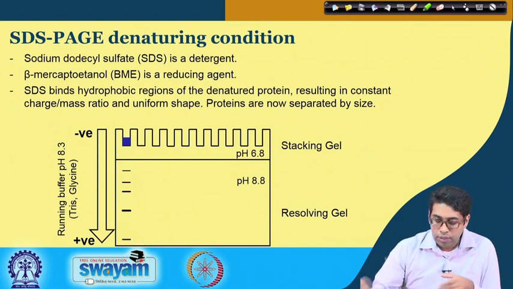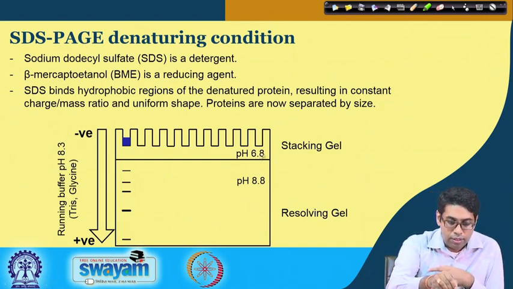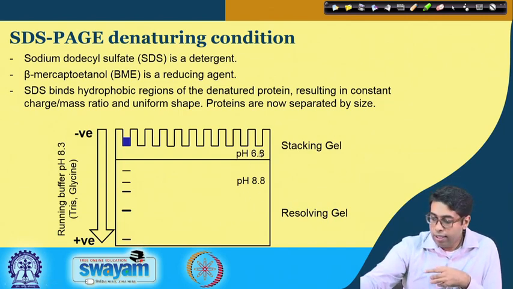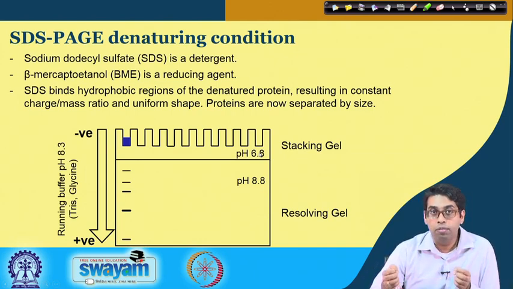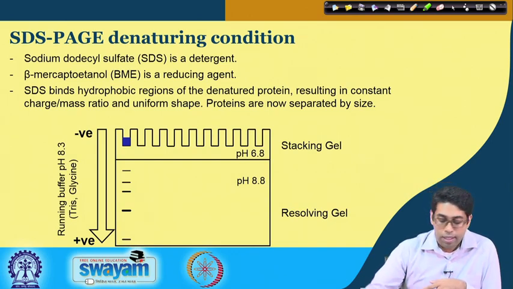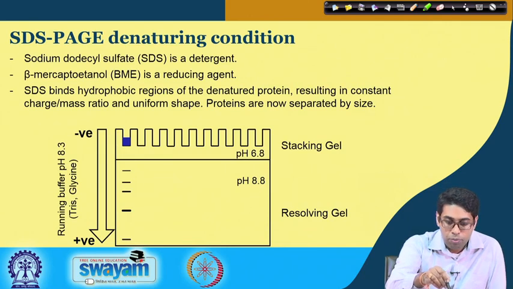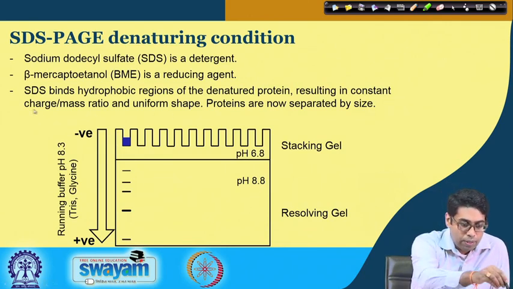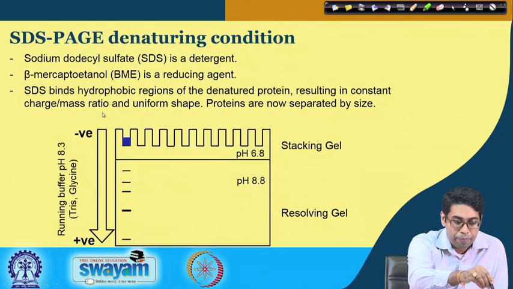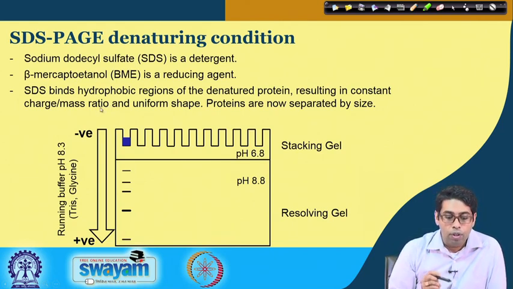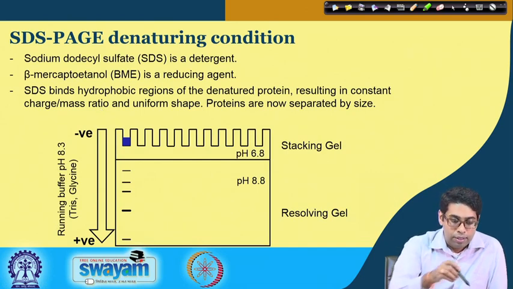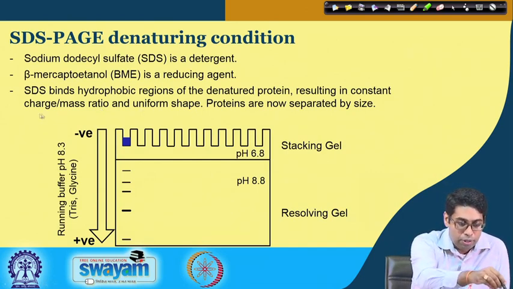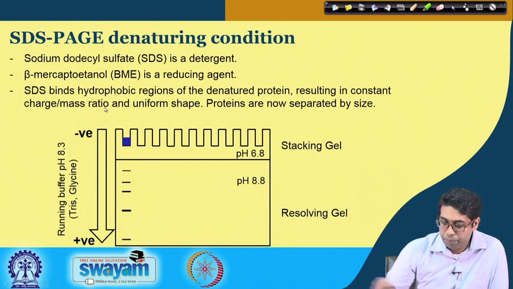In these conditions, all these proteins are denatured and they are uniformly coated with negatively charged SDS, which means that all proteins have now been converted to negative charge, and it also ensures that all proteins have a constant charge to mass ratio, which means that these proteins will now be separated depending only on their size, because they have a uniform shape and a uniform charge to mass ratio.